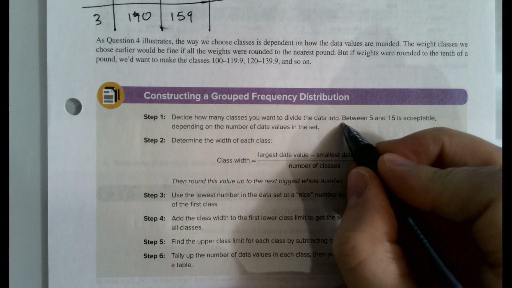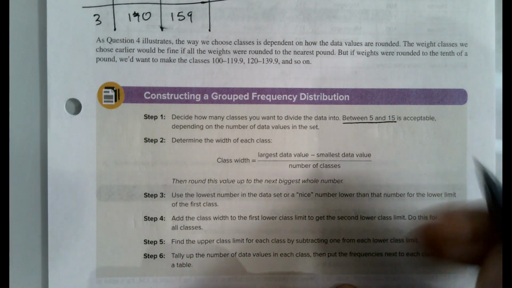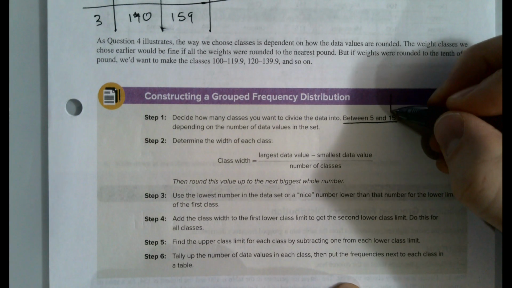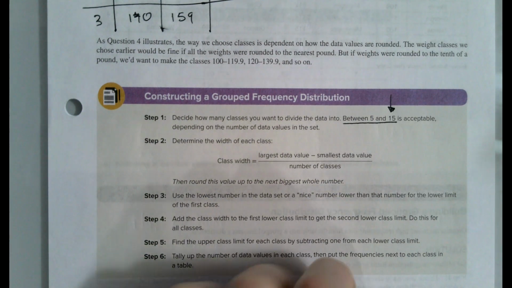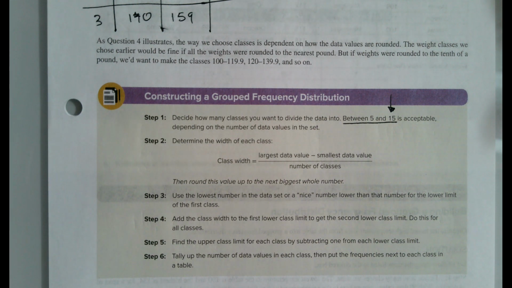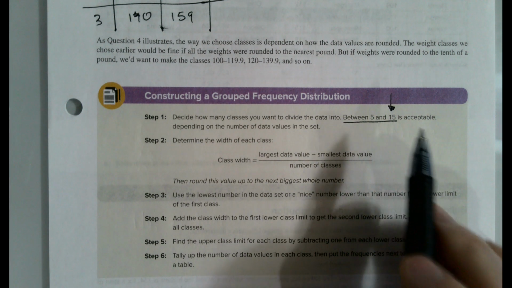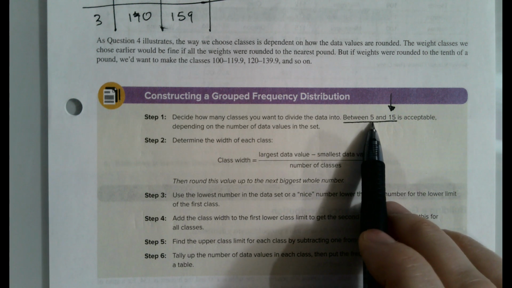So you want to think about when you group it, are you going to get any information by this grouping? If you end up with 15 classes, you should probably have thousands of data values in your data set, so that when you group it, you've got something interesting to look at. You've got pretty high frequencies in each class. If you have smaller data sets, you probably want fewer classes.